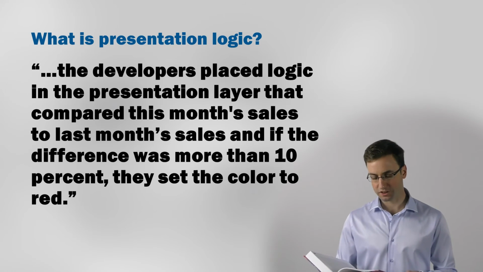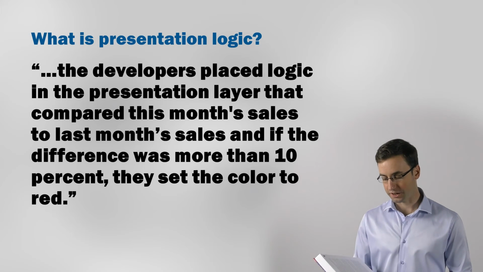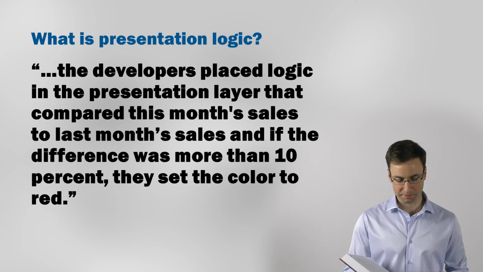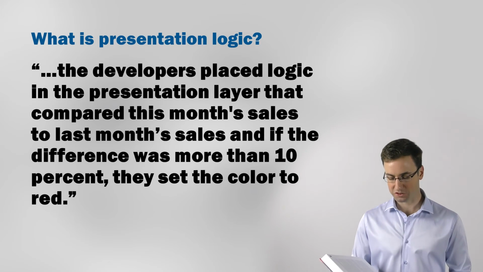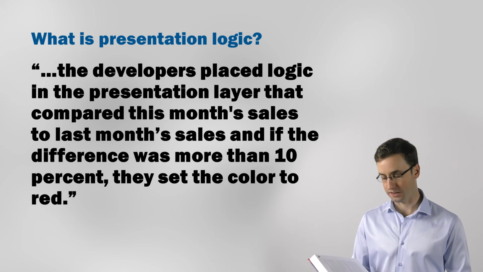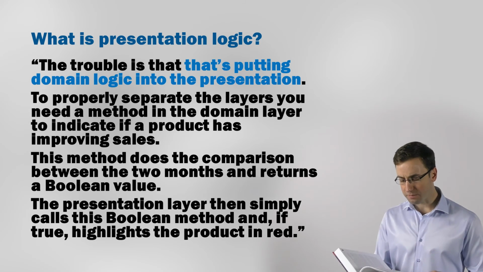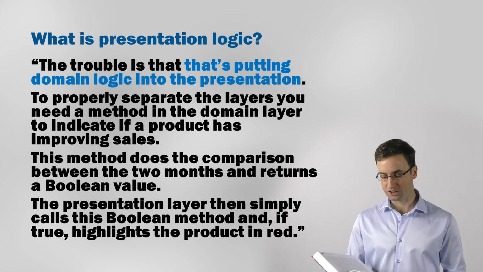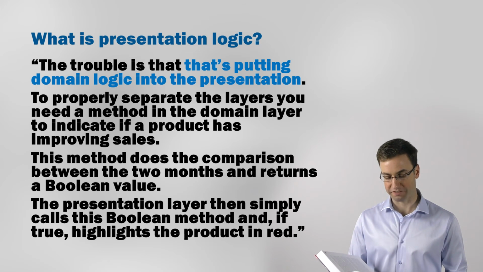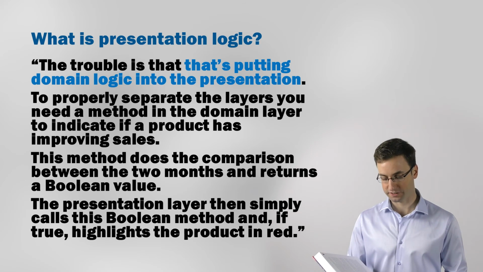The developers place logic in the presentation layer that compared this month's sales to last month's sales, and if the difference was more than 10%, they set the color to red. The trouble is that that's putting domain logic into the presentation. To properly separate the layers, you need a method in the domain layer to indicate if a product has improving sales.